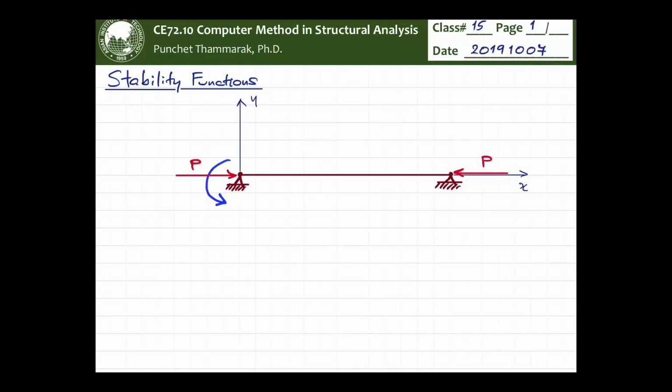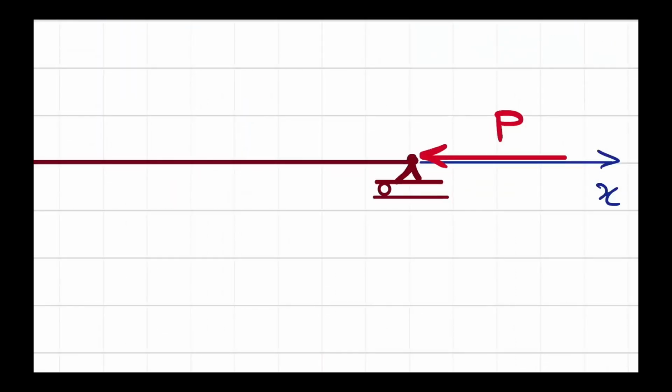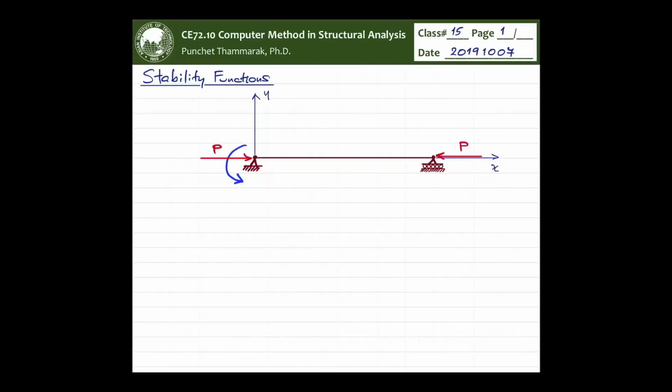I think maybe I just let this be the roller. So you have a good feeling that the compression will not be absorbed by the support.